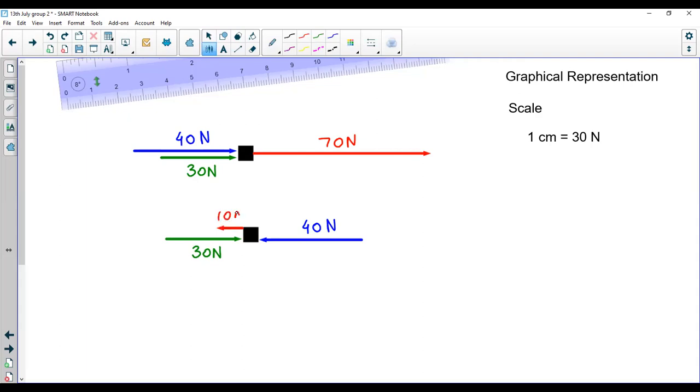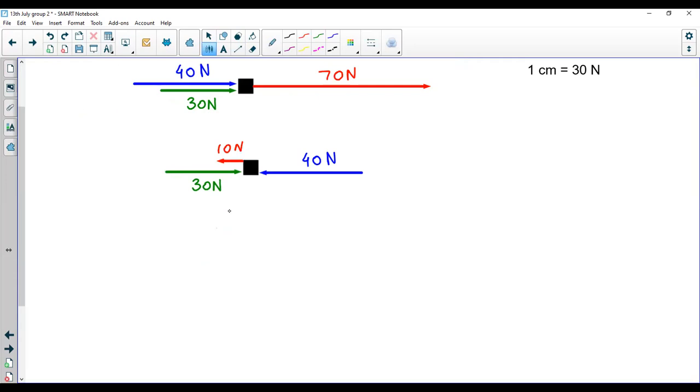So still nothing special. But what will happen if we have the same object and we push it or we pull it with 30 Newton to the right and with 40 Newton upward?